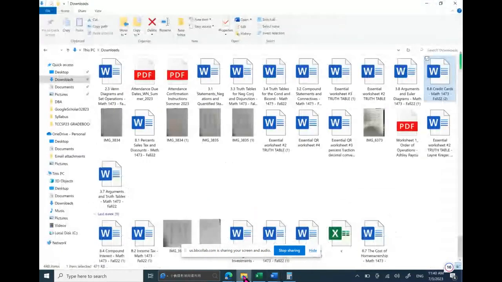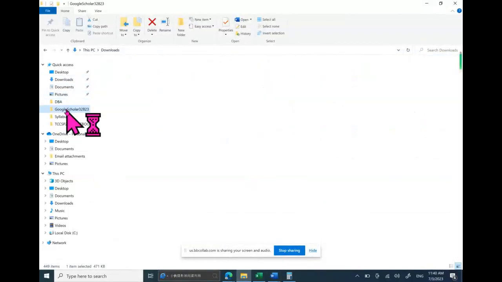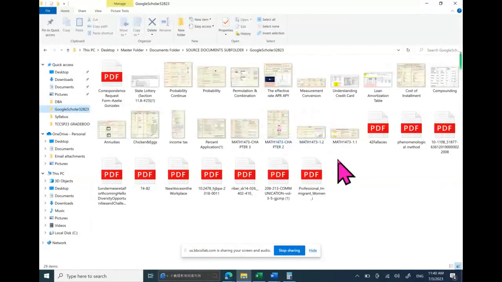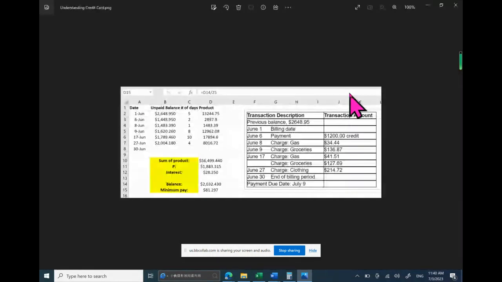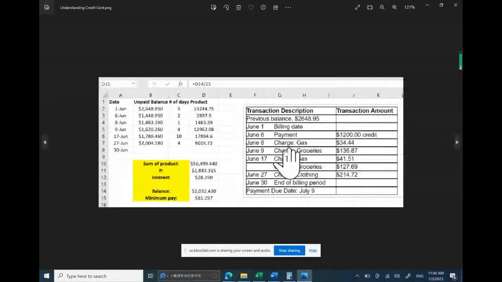On my table note, let me go back. Oh, this section. Understanding credit card. I have a similar example.